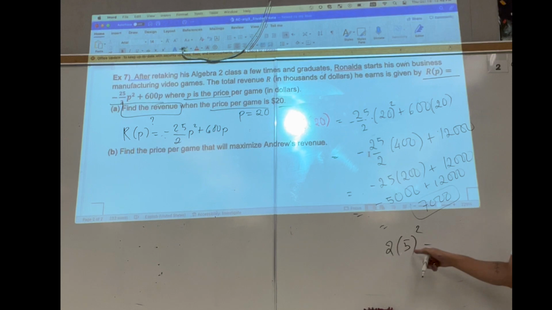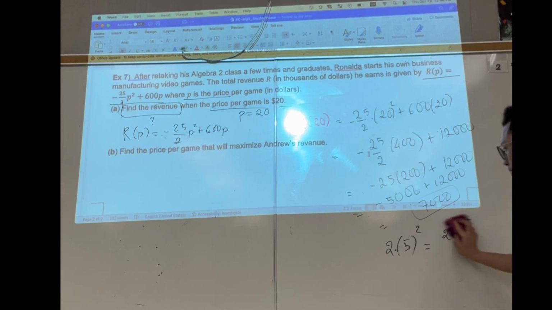If you got 2 times 5, that's critically wrong. PEMDAS: parentheses, exponent, and then multiplication later. 5 squared is 25. Now you multiply, because this is multiplication. Don't multiply first. That's really critical.